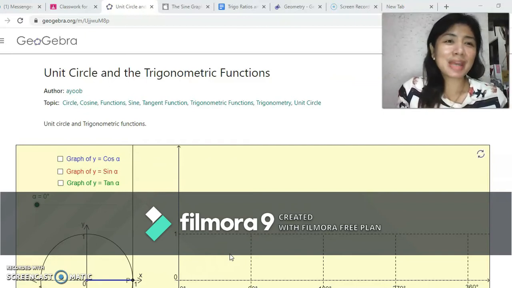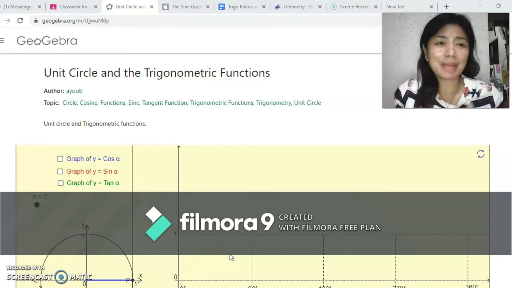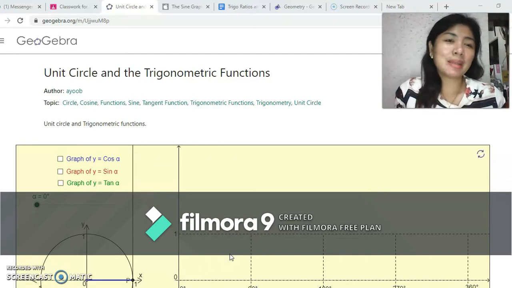And yes, math learners and math teachers, we do have the similarity theorem for triangles, and having that in mind, we can say that in studying a triangle, we can define the dimensions or the sides of a triangle and its position in the Cartesian plane, using the trigo ratios, however small or however big the triangle is.